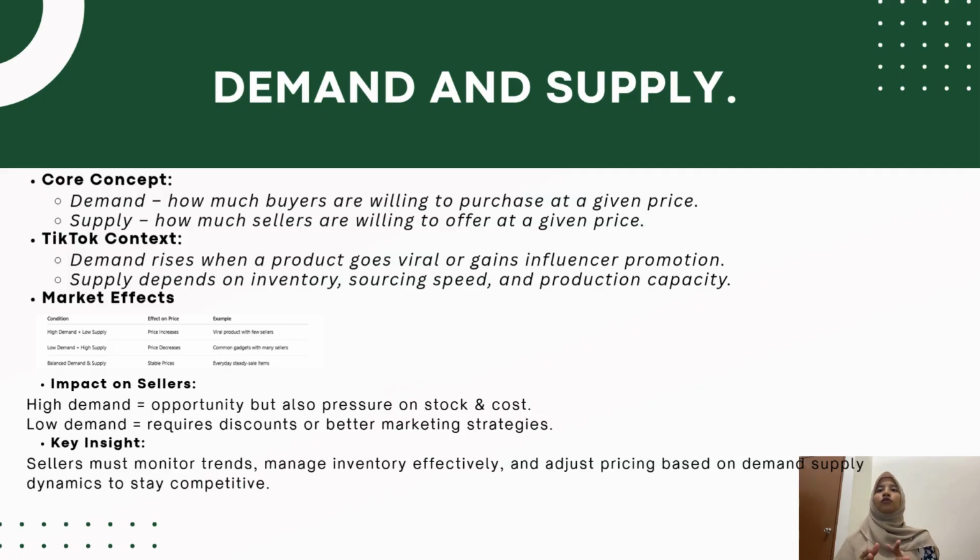it's just like when a product goes viral, and then there's higher demand. When the demand is high on a certain viral product, then the sellers have to supply that demand within that time, or the viral or influencer promotion at that time.